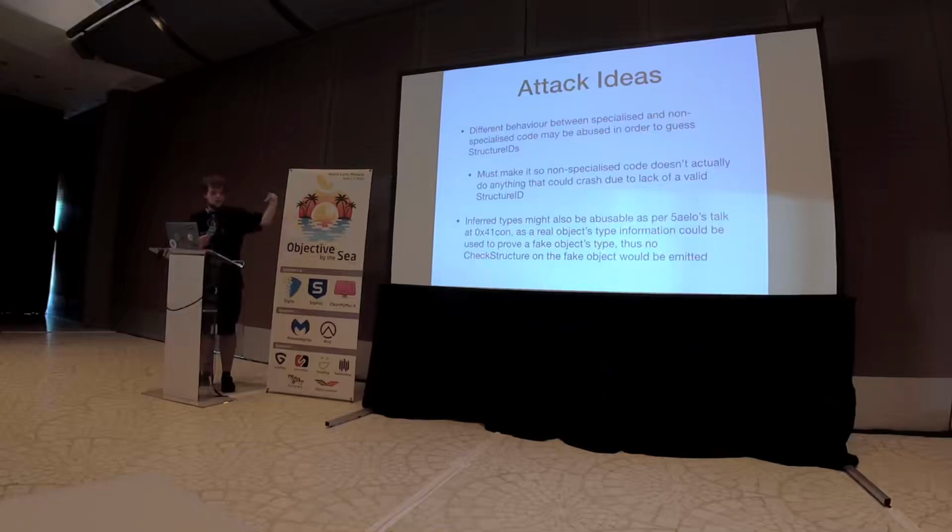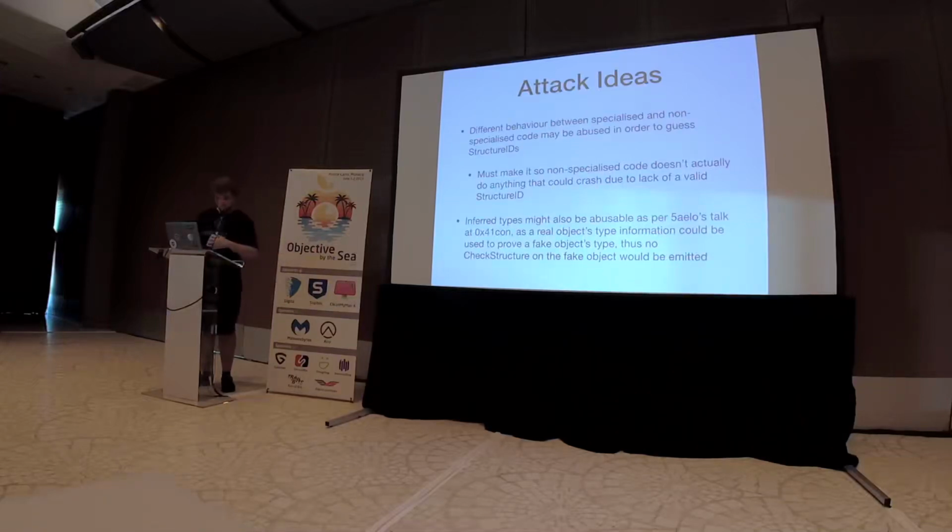And when the specialized code is run, it's going to either just return and do nothing, or it's going to bail out to the interpreter instead, because the structure ID was guessed incorrectly, and the interpreter does not do loop-invariant code motion. So that node will never be executed, and so you will not have a crash because your conditional return will happen before that.